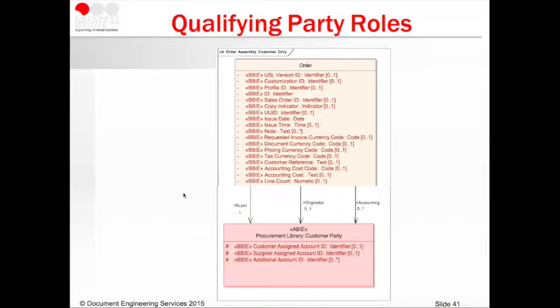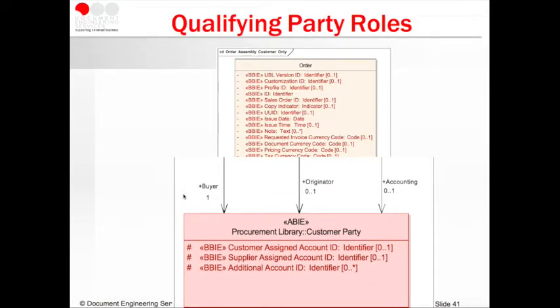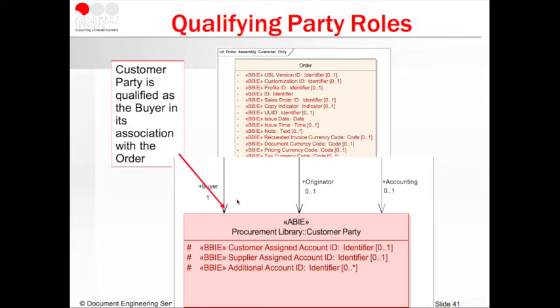So if we zoom in a little bit on this, we can see that we've qualified the relationship by giving it a name: buyer, originator, and accounting. So customer party is being qualified as a buyer when it participates in an order. So the qualification is very specific to one relationship.